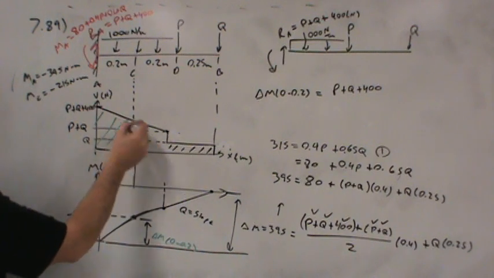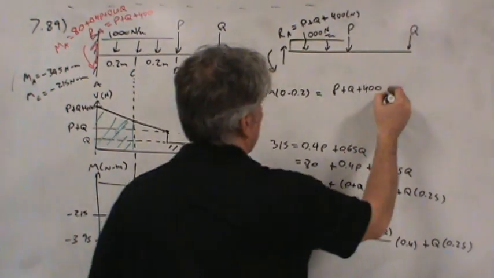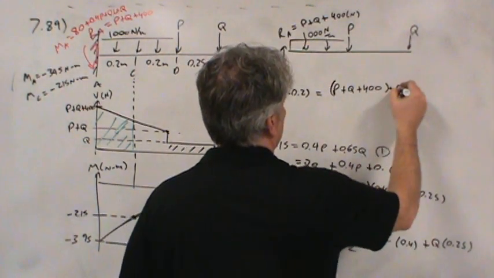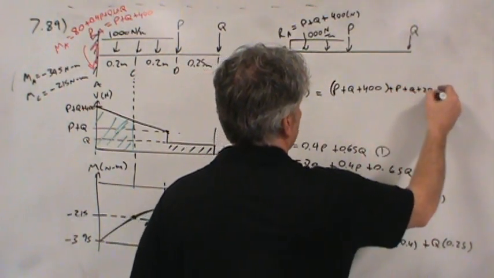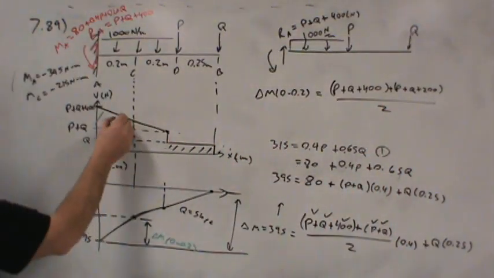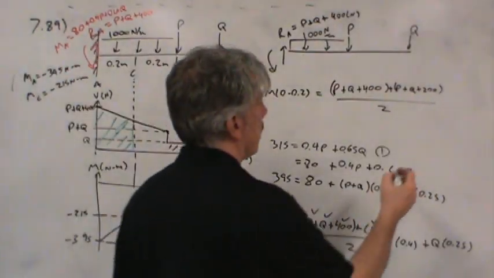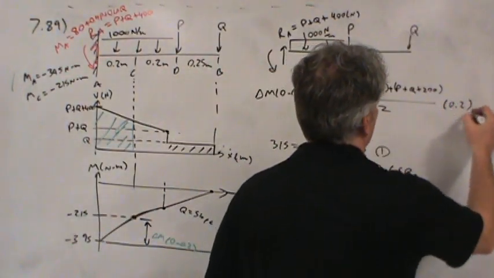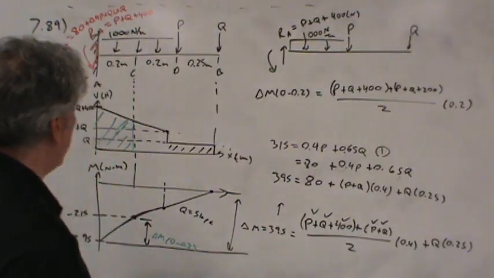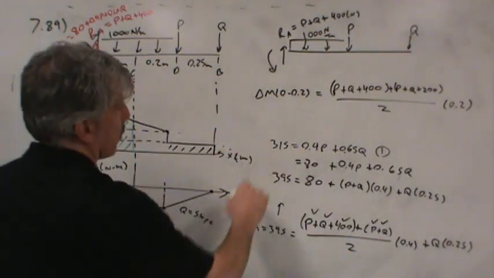What's the value of the shear here? Well, it's half of the value between those two. So that must be P plus Q plus 200, divided by 2. That gives me that average height again, here, multiplied by 0.2 meters. That's this area that we're interested in, the change in moment from 0 to 0.2.